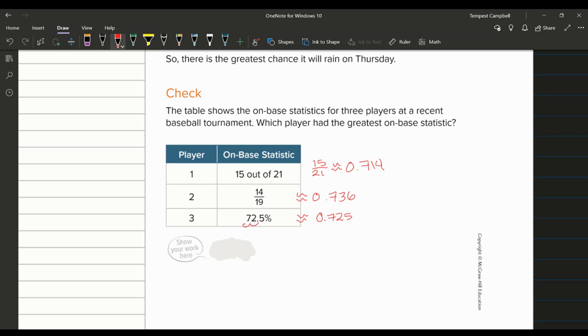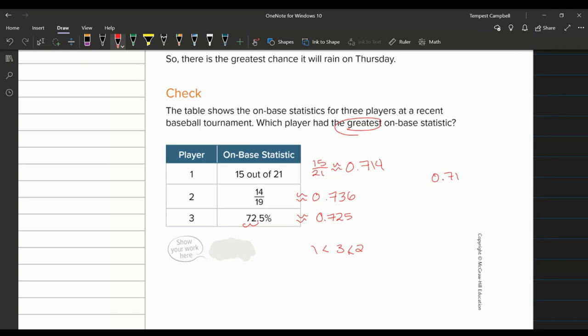Let me make sure I did 14/19 correctly. All right, I did. So when we compare these, which player had the greatest on-base statistics? Player 1 is less than player 3, which is less than player 2. And so player 2 should be our greatest on-base statistic. One way to look at these is to line them up.